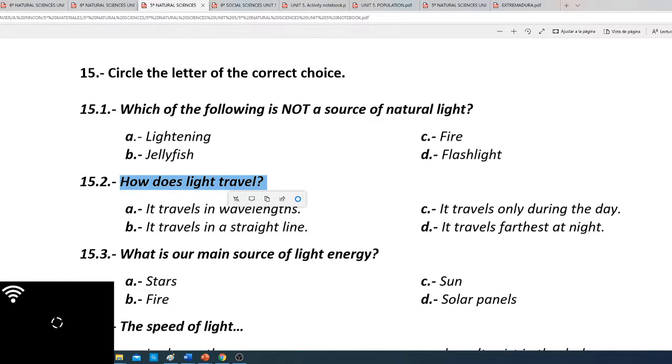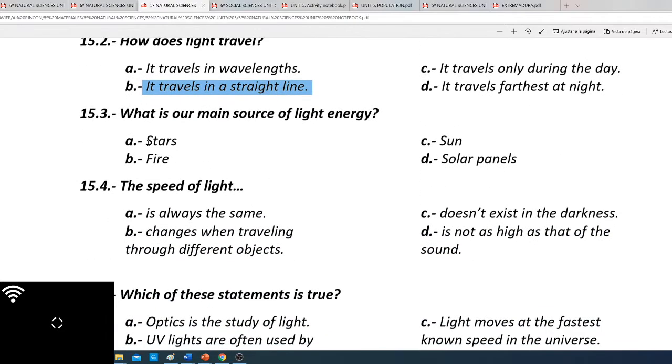A, B, C, or D? Ines, very good. Very good, Celia. It travels in a straight line. So the correct answer is B. Although you know that inside, light is composed of many different waves, and each one of them has a wavelength. Very good. Go to the next exercise.